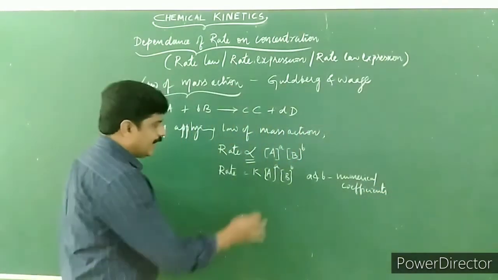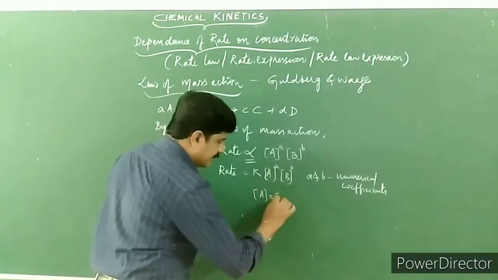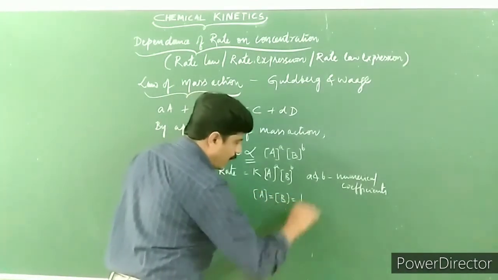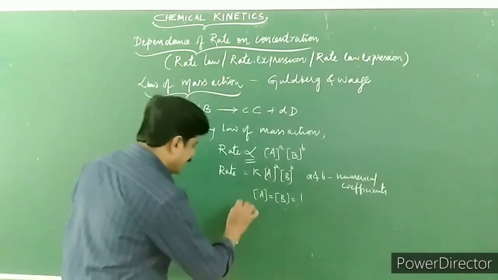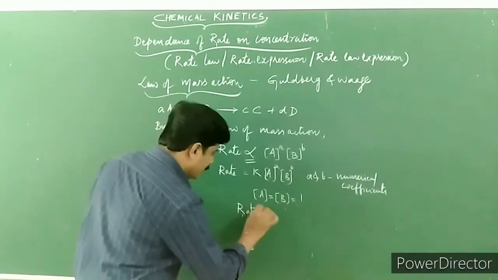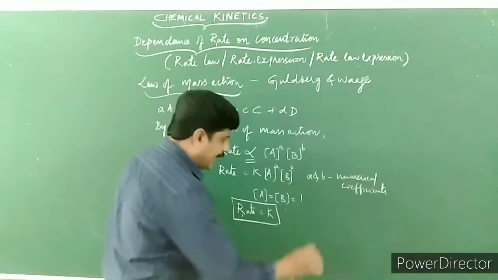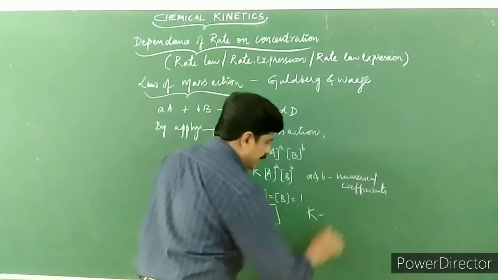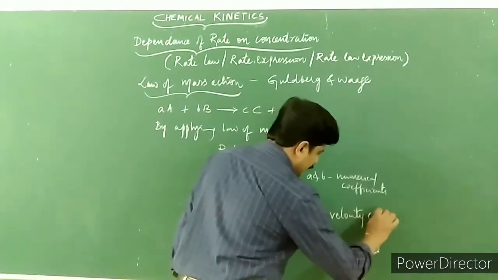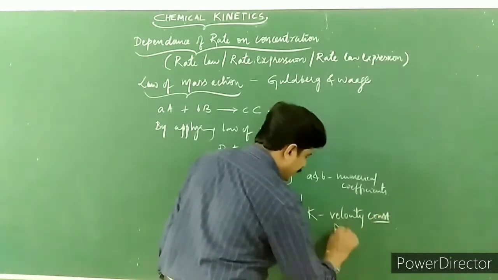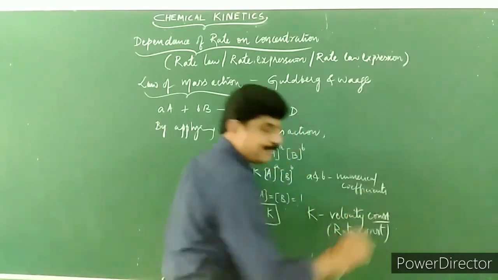Children, look at here, if the molar concentration of all the reactants is equal to 1, unity, a 1 molar concentration, in that case, look at here, the rate is equal to K. Now, K is nothing but the velocity constant or rate constant.